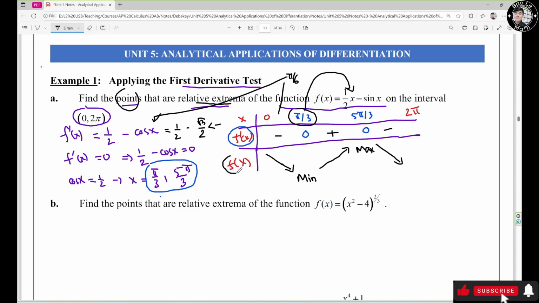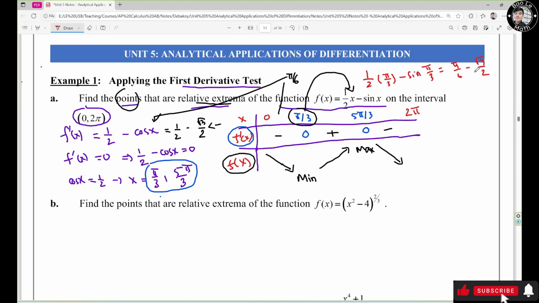Because you need to find the value of f of s right here, you have 1/2 times pi over 3 minus sine of pi over 3. This turns out to be pi over 6 minus sine of pi over 3, which equals root 3 over 2.